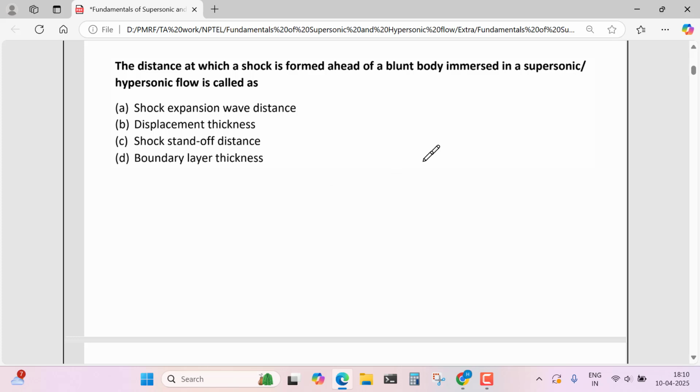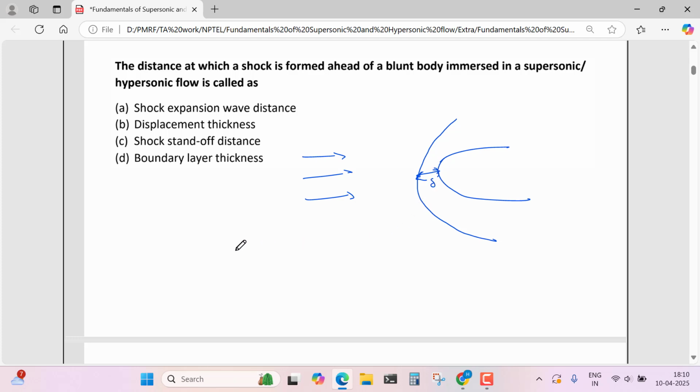In this question, let's say there is one blunt body and there is some supersonic or hypersonic flow. Then there will be one bow shock which will be formed here. So the distance at which this bow shock is formed, let's say this is delta.